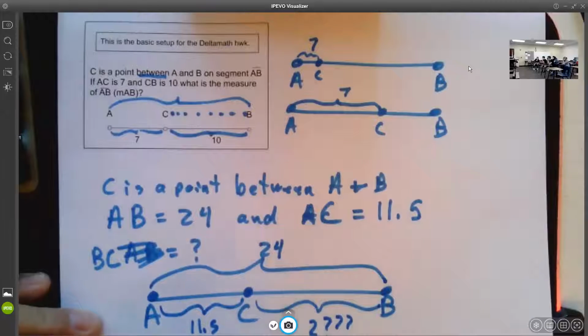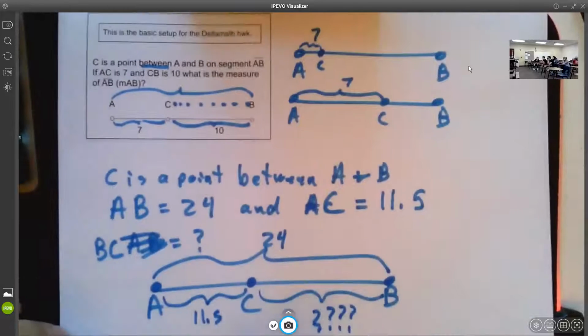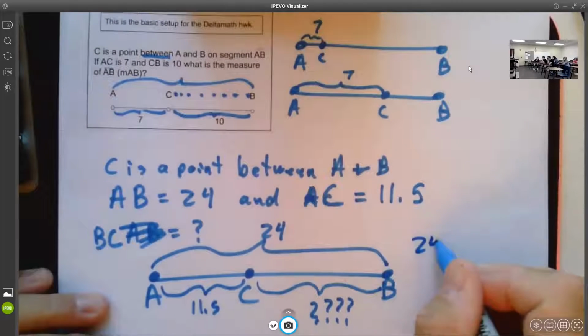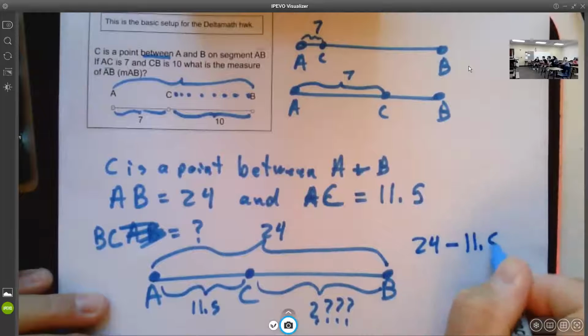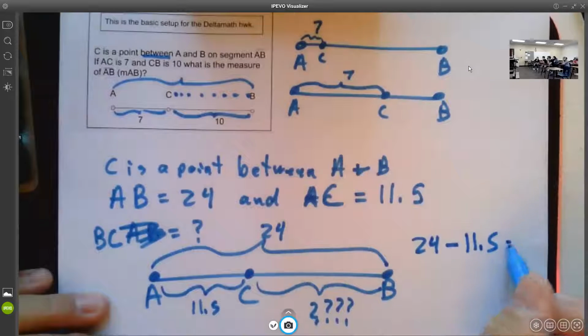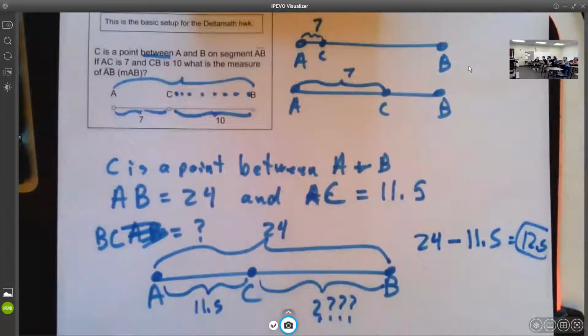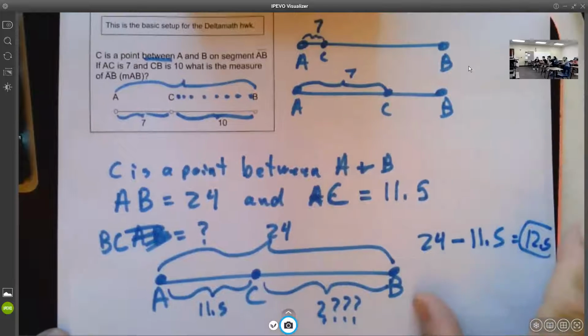It's 12.5. Yeah, 12.5. All I got to do is say the whole thing is 24 minus 11.5. Answer is 12.5. Okay, so do you think you can do those? Yes. Good.